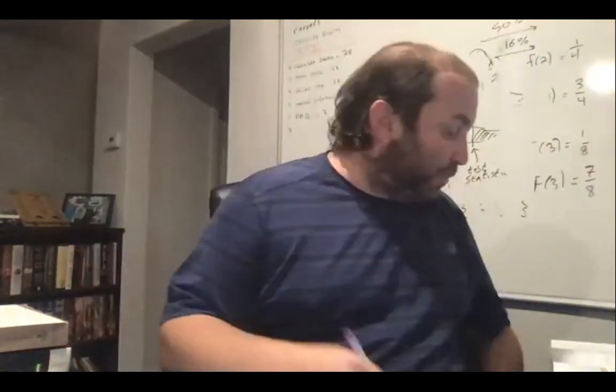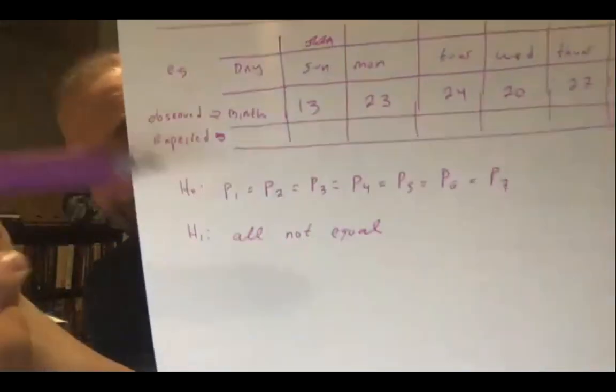And the question is, how do we calculate this? Well, what we're going to do is make a new row in the table, and the new row is going to be our expected row. So this first row, the births, is our observed. And now we're going to create a new row for the expecteds.